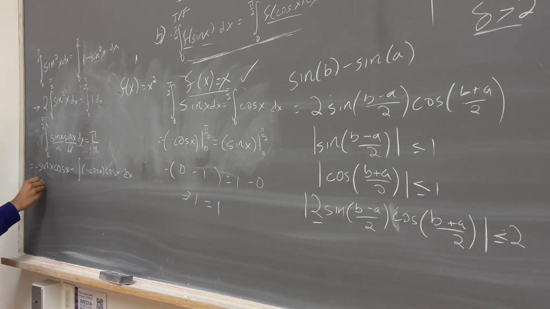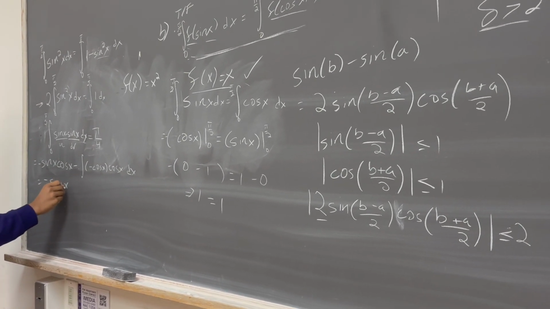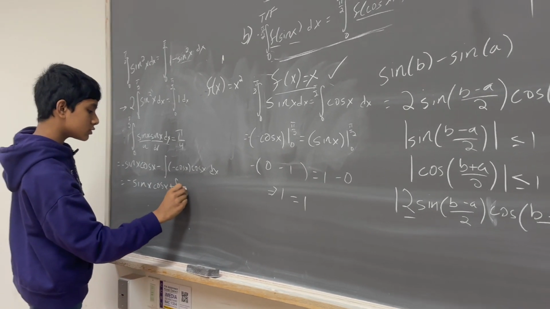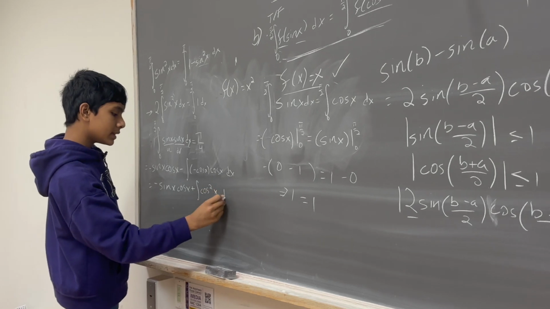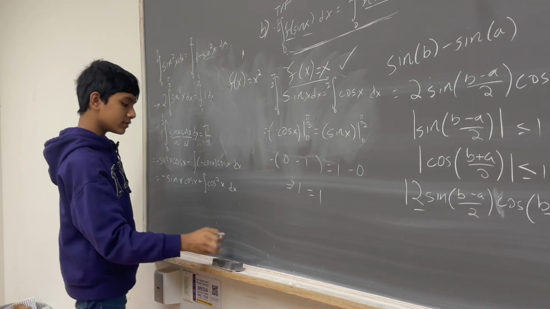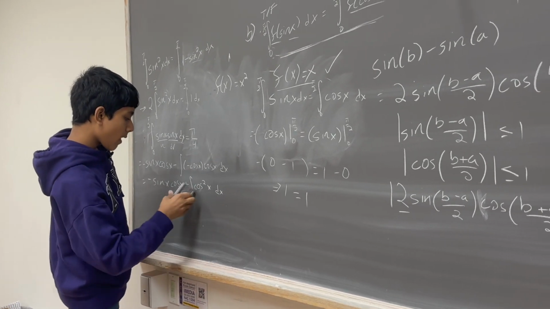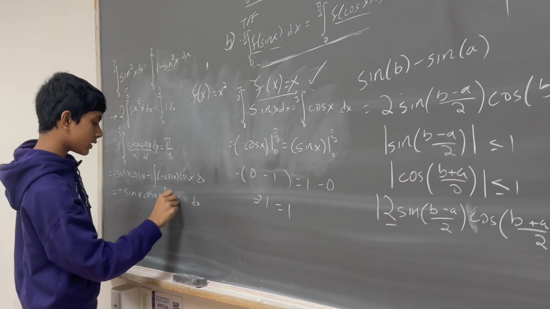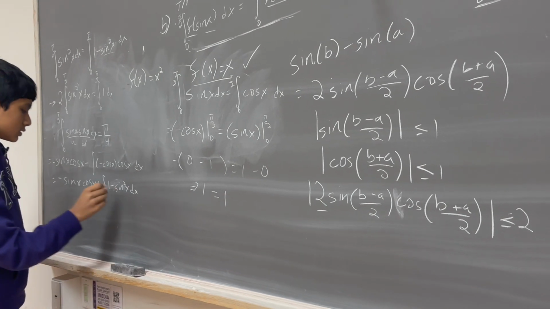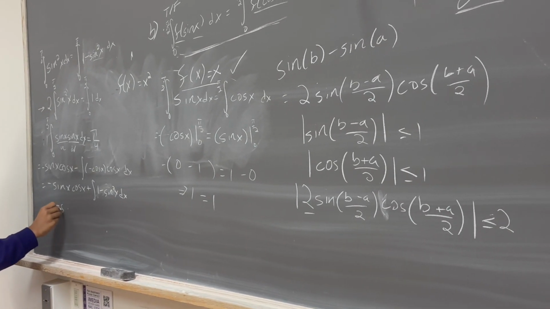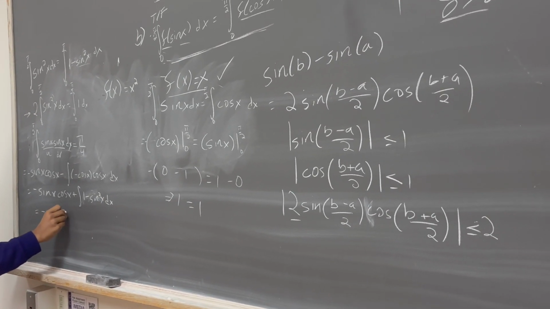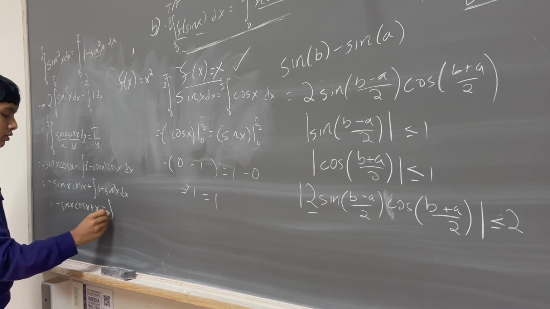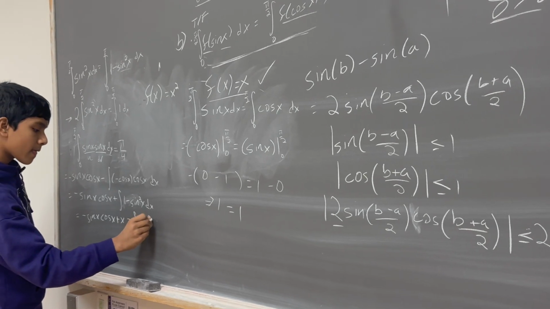So we get minus sine x cos x plus the integral of cos squared. But then realize that this is once again 1 minus sine squared x. So we just get minus sine x cosine x plus x minus the integral of sine squared x dx.